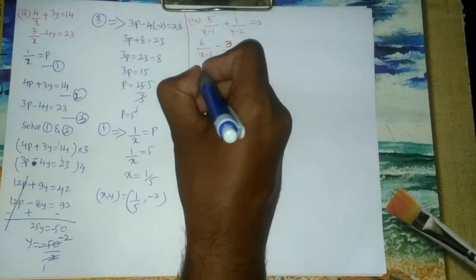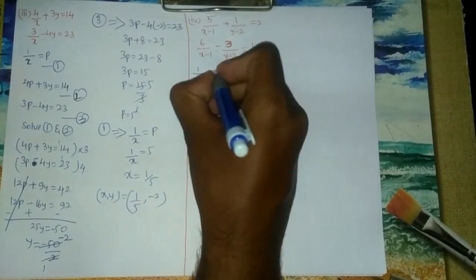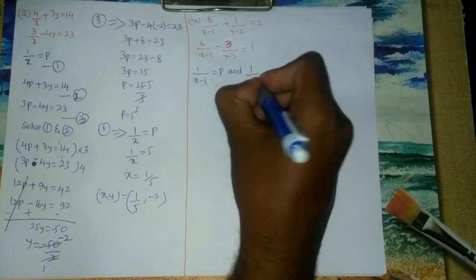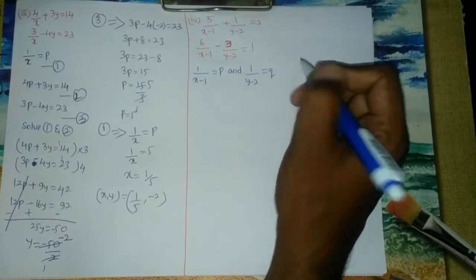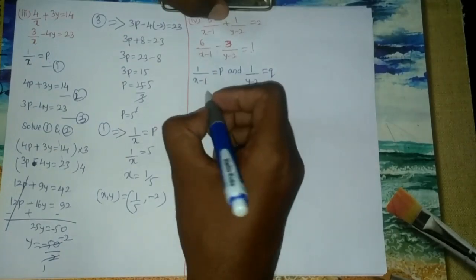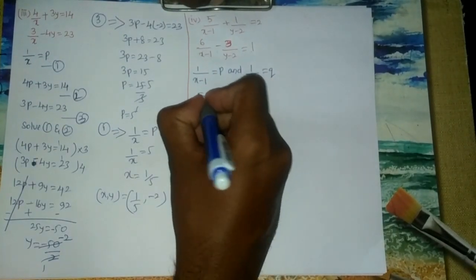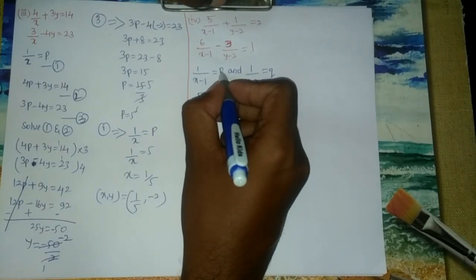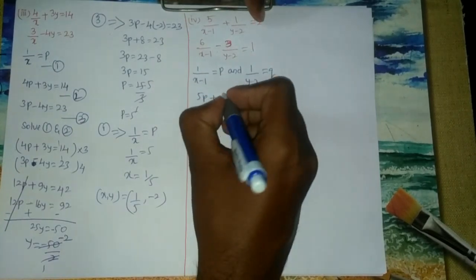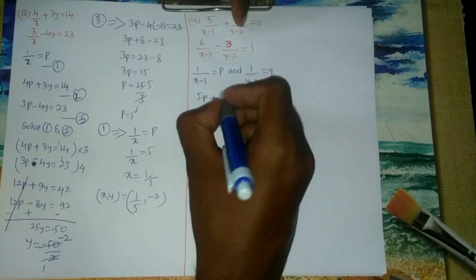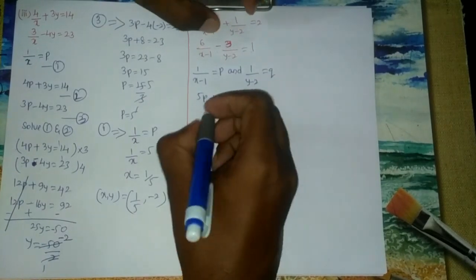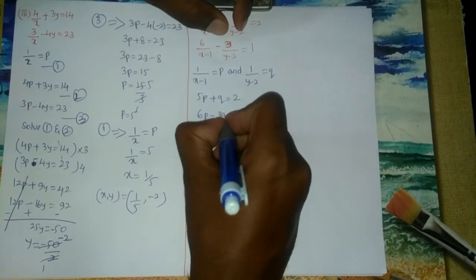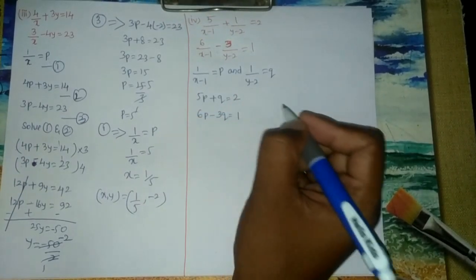So I can substitute 1 divided by x minus 1 as p and 1 divided by y minus 2 as q here. So this equation will be 5p, because I have substituted 1 by x minus 1 as p, plus q, since 1 by y minus 2 is q, equals 2, and this is 6p minus 3q equals 1.